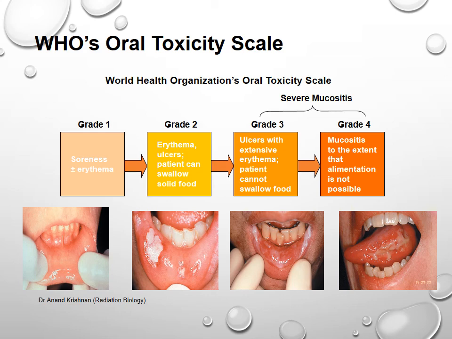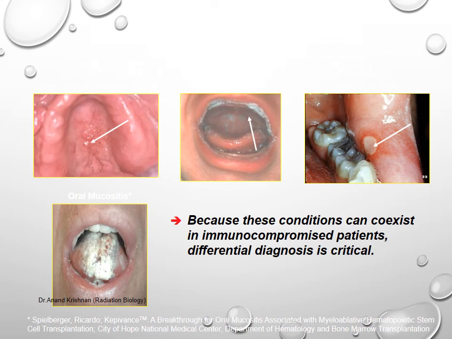Grade 4 is very severe and irreversible, and also very challenging to treat, both symptomatically and subjectively. The mucositis occurs to the extent that alimentation is not possible, that is, the patient is not able to consume food. The patient complains of a continuous burning sensation and pain associated with ulcer formation, because these conditions can also coexist with various other conditions.